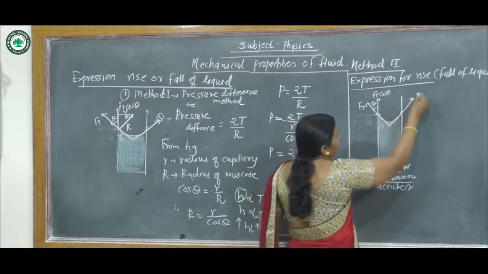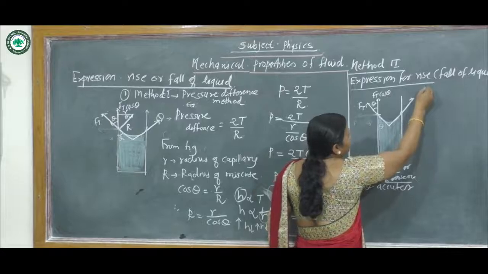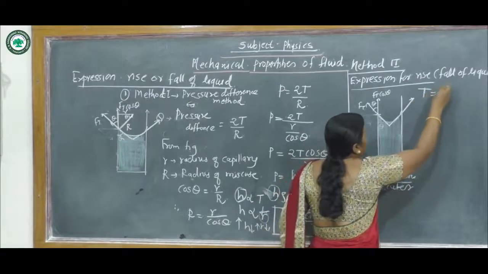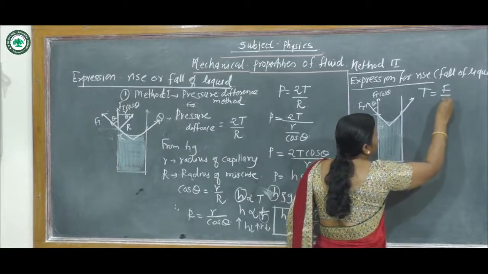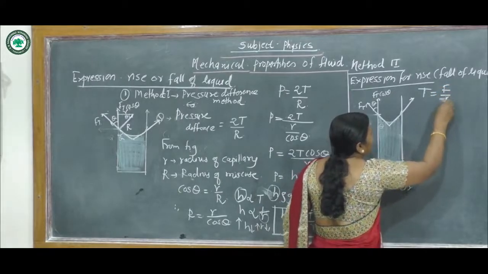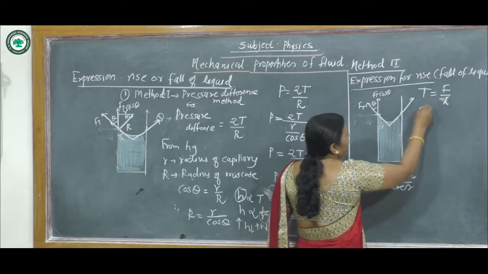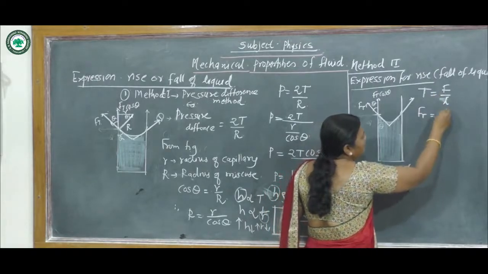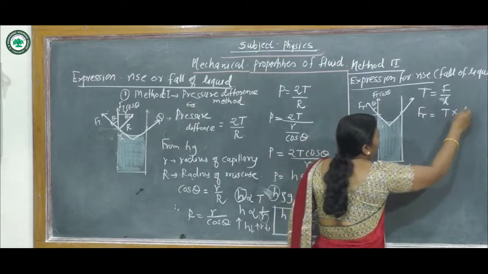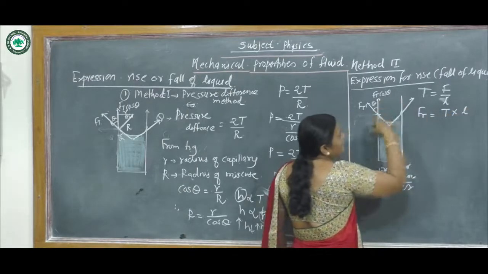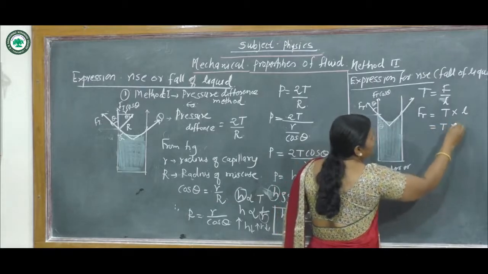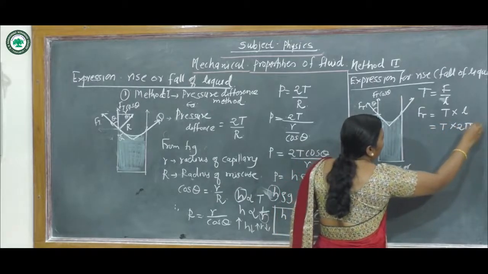From the definition of surface tension, T is force per unit length, that is, Ft is equal to surface tension T multiplied by length, and the length of this meniscus is 2 pi r.